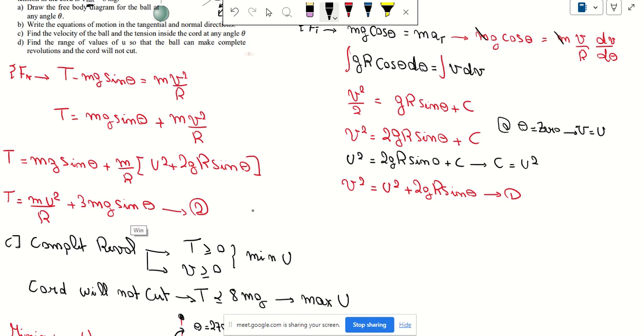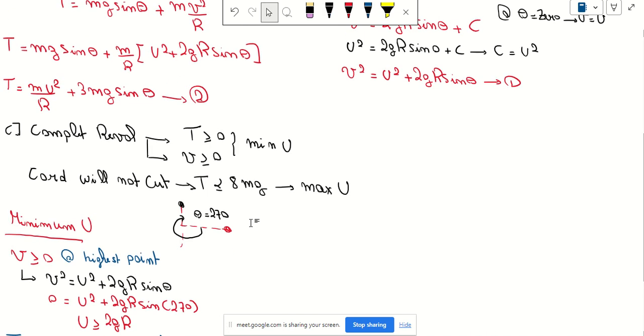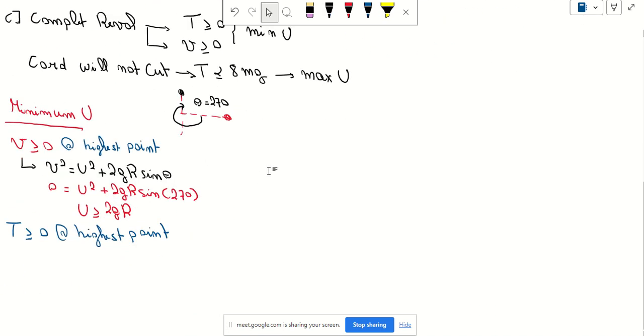So you'll find that the minimum sine theta will be at 270. So whether you look from the physical point of view or from the mathematical point of view, you come to the same end: T minimum must be at the highest point. And guys, in most of the cases it's at the highest point. Okay.